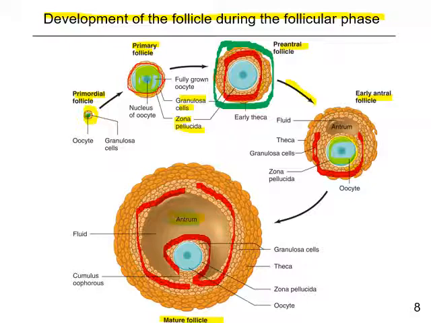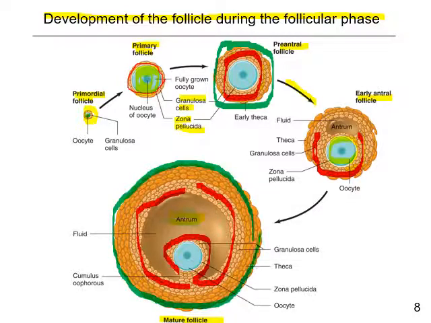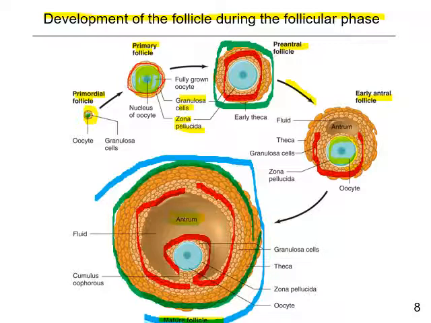Surrounding the granulosa cells is again a proliferating layer of theca cells. And so this structure here is the mature ovarian follicle that is going to lead to the ovulation of the oocyte.